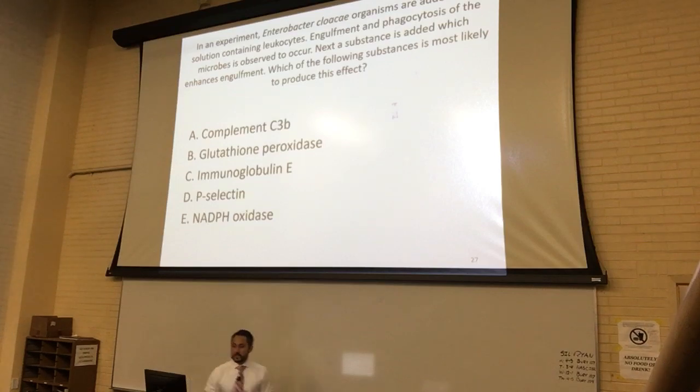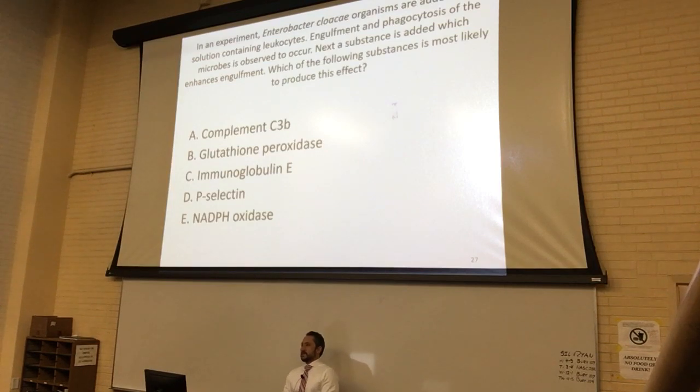So break down the question. What is it? There's a bunch of extraneous info here to make it sound more complicated. What's extraneous? Yeah, really the first sentence. You can do without it. What is the crux of the question?